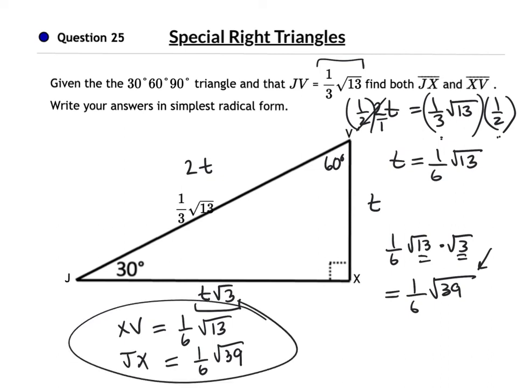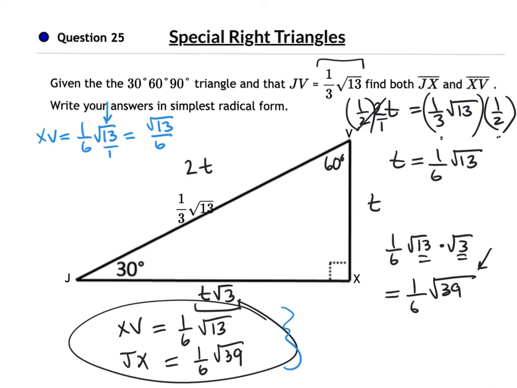I want to point out that these answers here, that XV, which is 1/6 root 13, is the same thing as root 13 over 6. This root 13 is over 1, and if you multiply straight across, you get 1 root 13, which is root 13, and 6 times 1, which is 6.